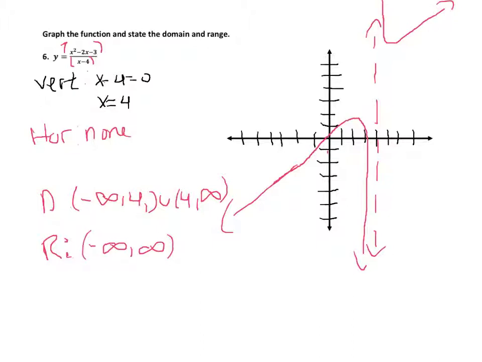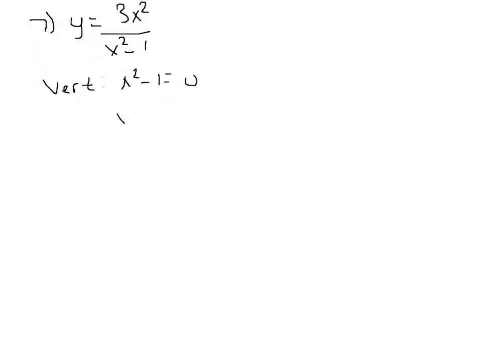Alright, let's make sure we take a look at one more slide here. So, let's see, let's graph this. The vertical, remember we solved this already, so x squared minus 1 equals 0.